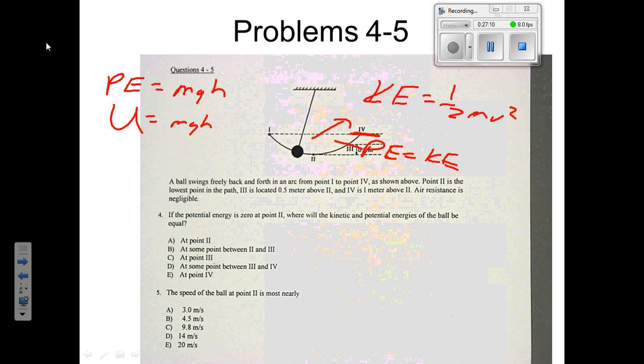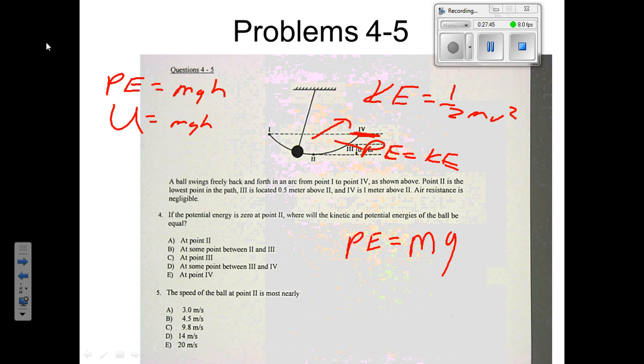Speed at point 2. Here's the thing. At point 4, up here, what did we have? What kind of energy do we have at point 4? All potential. How much potential energy do we have at point 4? We don't know a numerical value, but we know it's equal to m times g times height.